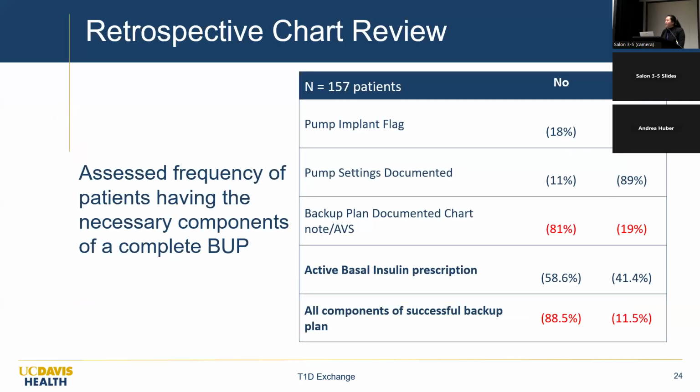First, we did a retrospective chart review where we looked at the frequency of patients having the necessary components of a backup plan at baseline. What we saw was that patients more often than not did not have an active basal insulin prescription despite actively being on pump therapy, and that a majority of patients did not have all components of a successful backup plan, whether they were missing the active basal insulin prescription or missing documentation of a backup plan anywhere in the chart.